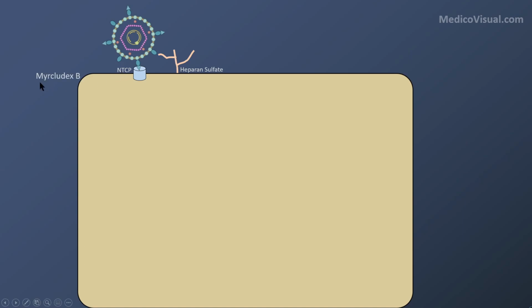Then there is a drug here, an experimental drug called Myrcludex B, which I will discuss. It resembles the pre-S1 molecule of hepatitis B virus, and it attaches here to the NTCP receptor, and it blocks the entry of hepatitis B virus.